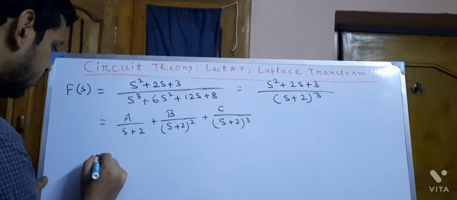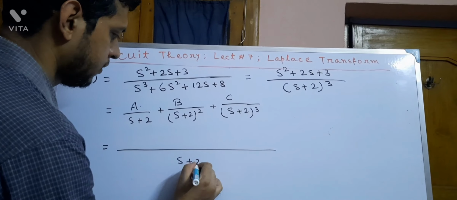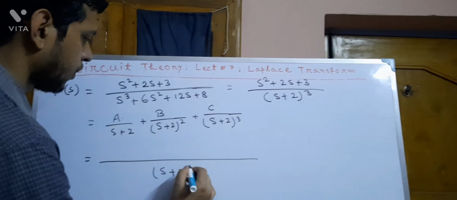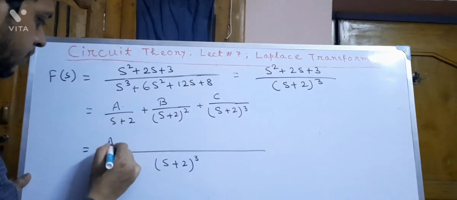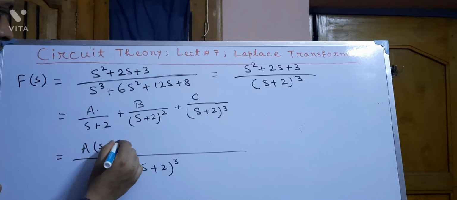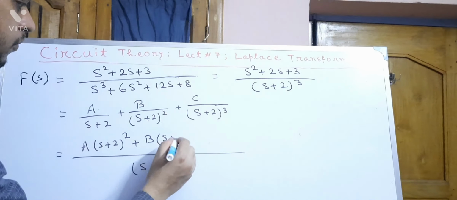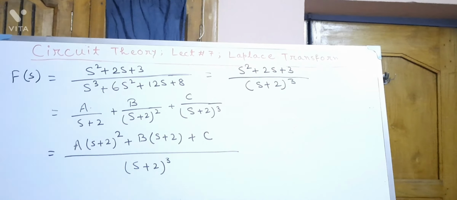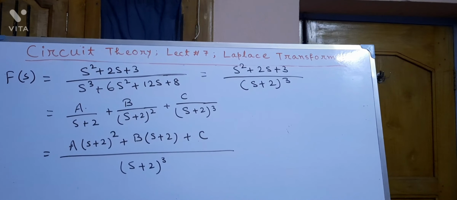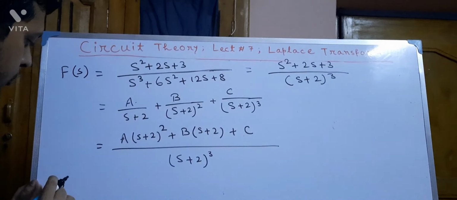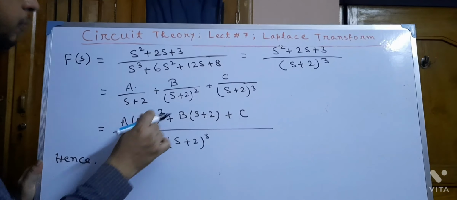So the LCM of these three is (s plus 2) whole cube, and this is equal to A into (s plus 2) square plus B into (s plus 2) plus C. Hence the numerators are equal.